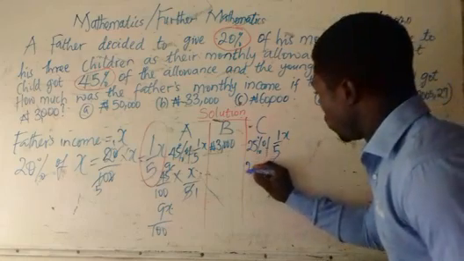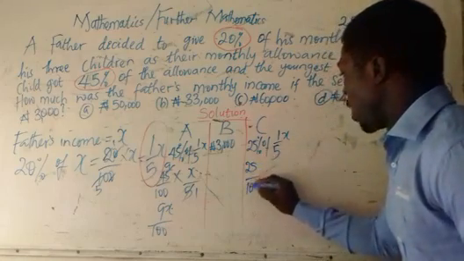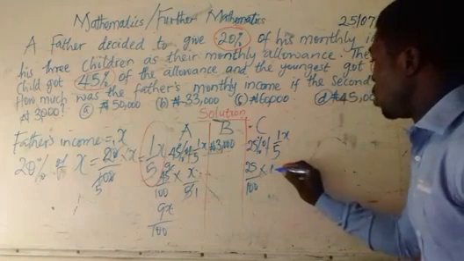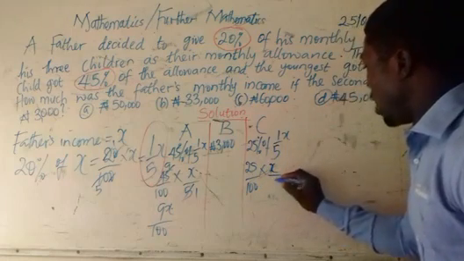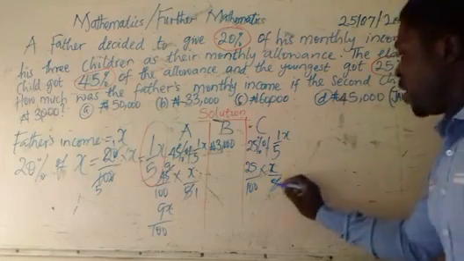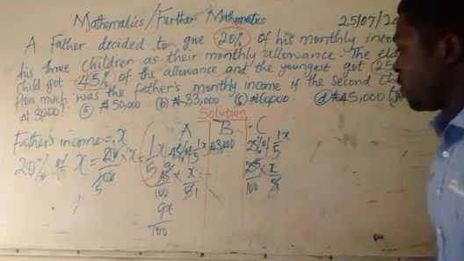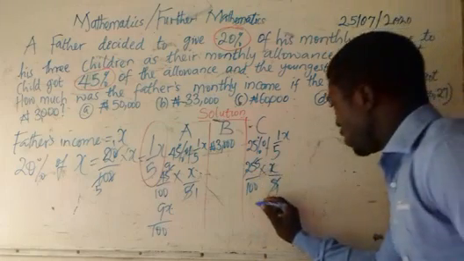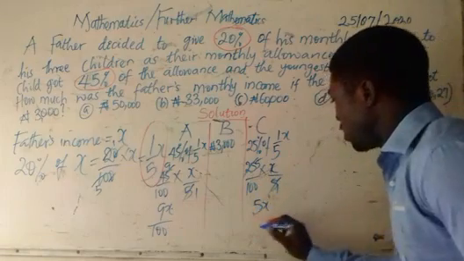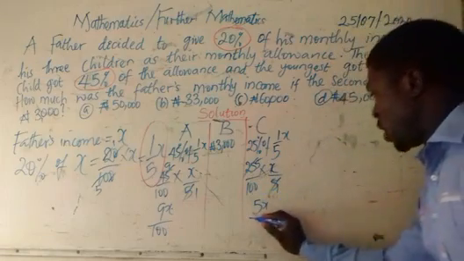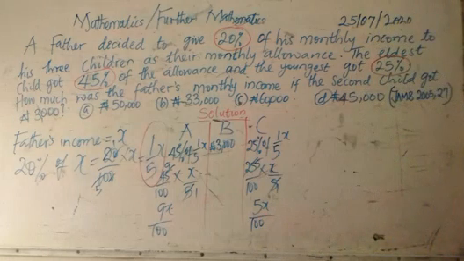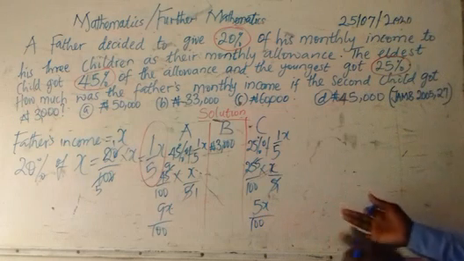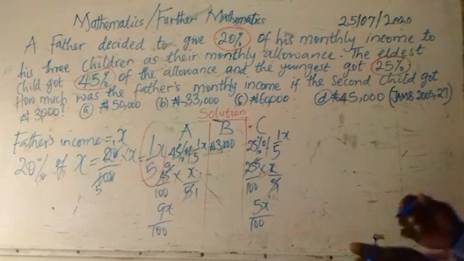So we now have 25 over 100 multiplied by x over 5. 5 here 1, 5 here 5. So let's just leave it this way. 5 times x to give us 5x over 100 times 1 will give us 100. Alright, it will be easier for us this way.